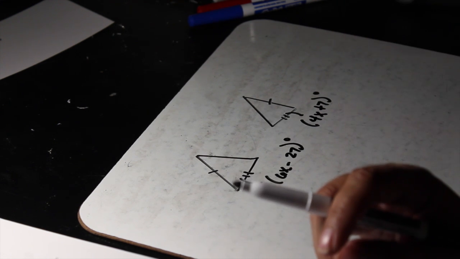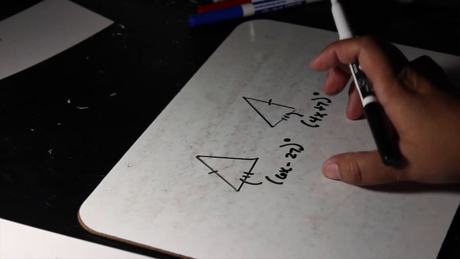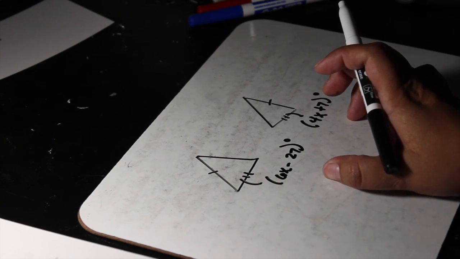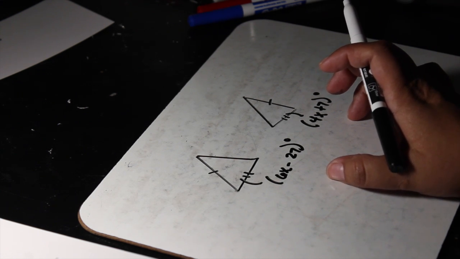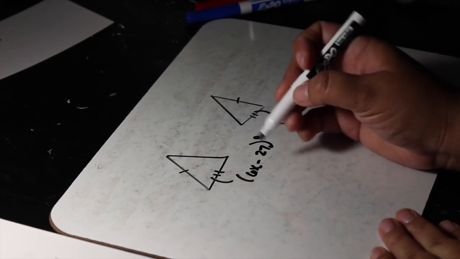So we have to find the x to make these two triangles congruent.